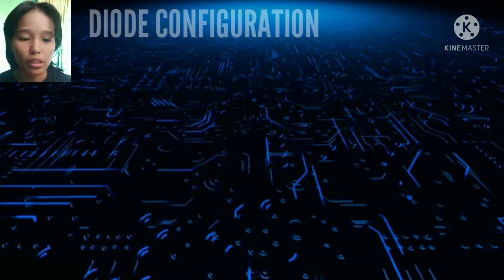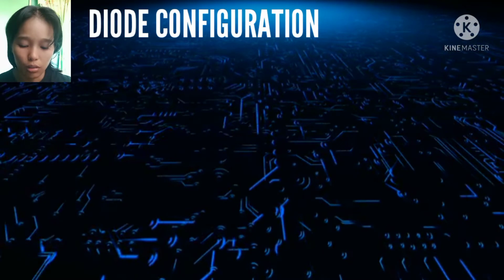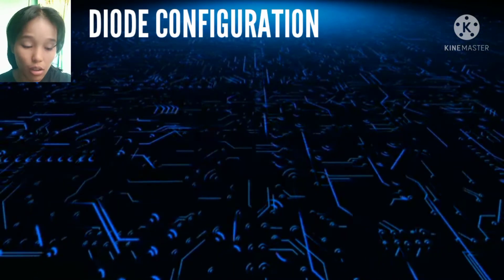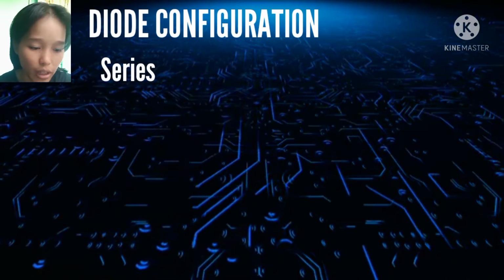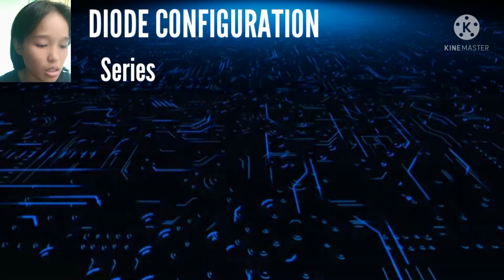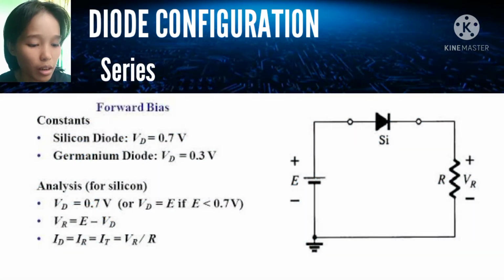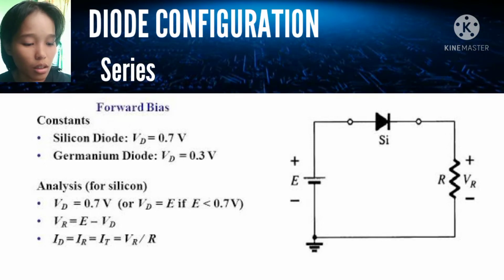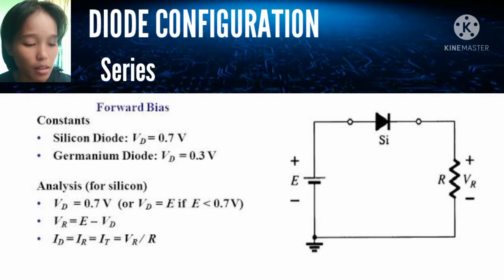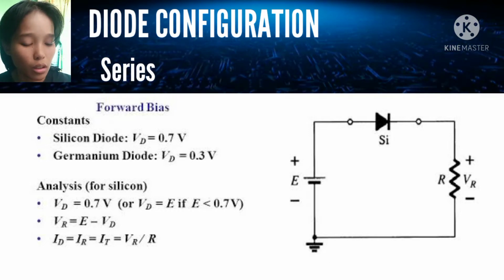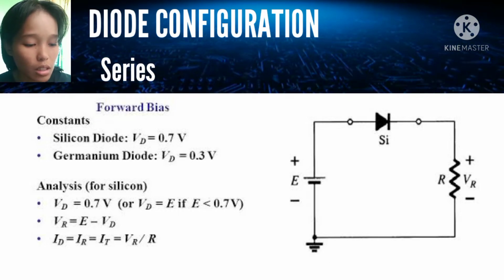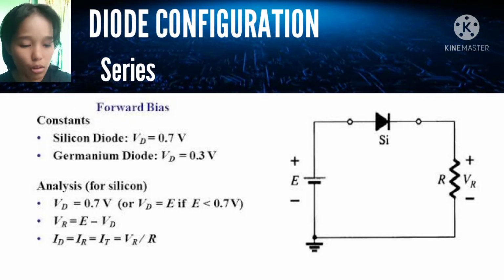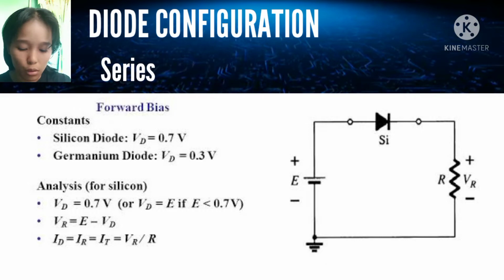And now let's move to the diode configurations. Let's talk first about the series diode configuration. Here we have the forward bias. As we can see in the circuit, the polarity direction is the same as the direction of the diode, which is still a silicon diode, equal to 0.7 volts.